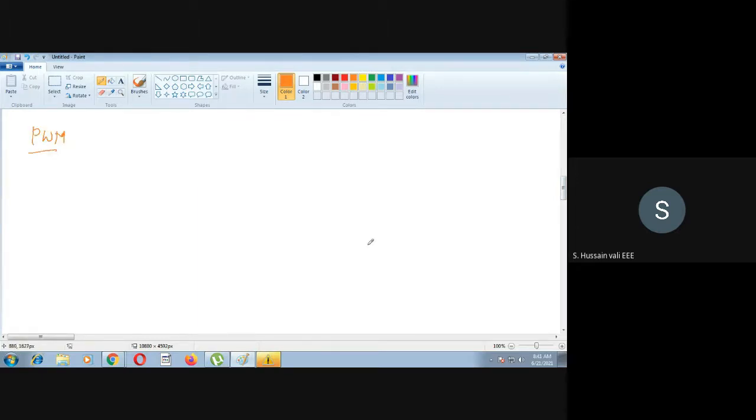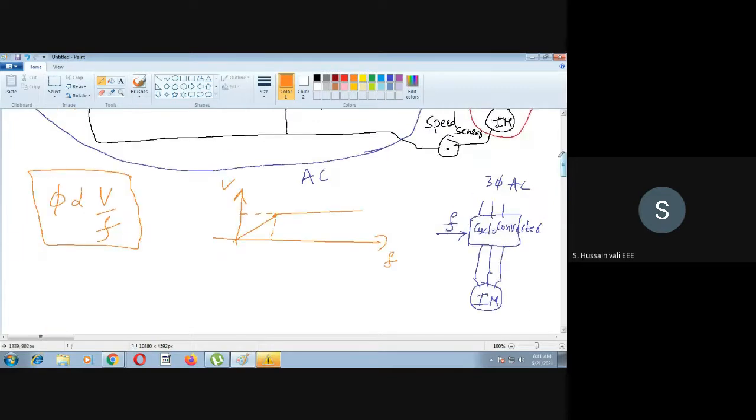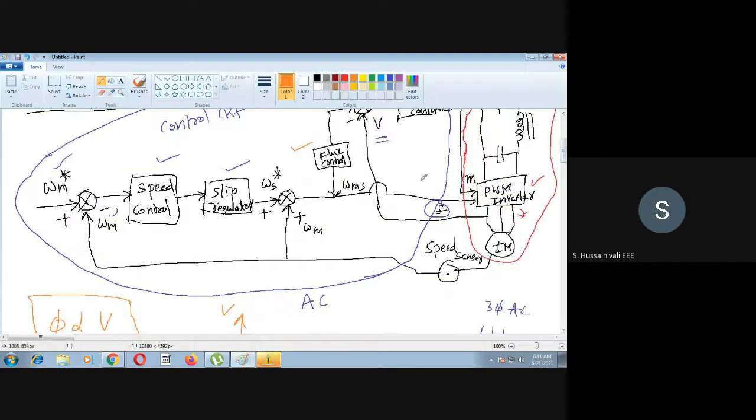I want to tell you one thing. In the previous block diagram, there is one M. What is this M here? M is the modulation index, which I defined in the last class itself.